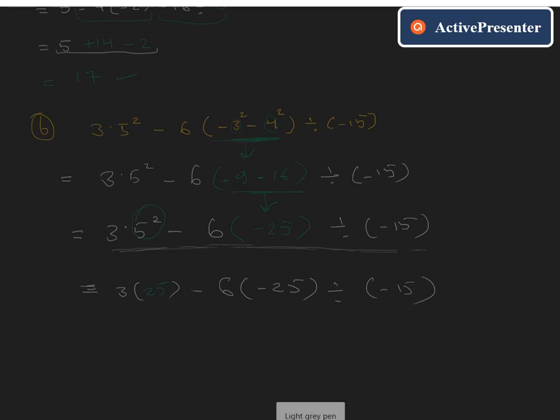Now we have to finalize the multiplication and division from left to right. Here 3 multiplied by 25 is 75, minus 6 multiplied by minus 25 is plus 150. The division here should remain the same, divided by minus 15, because the whole thing is divided by minus 15.